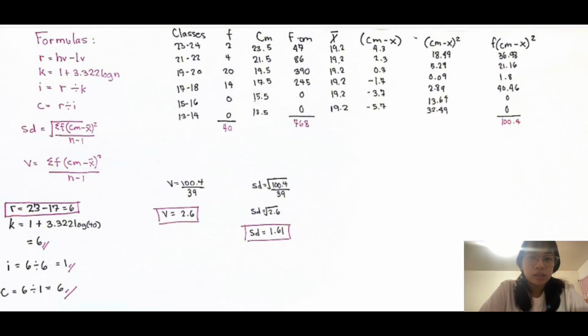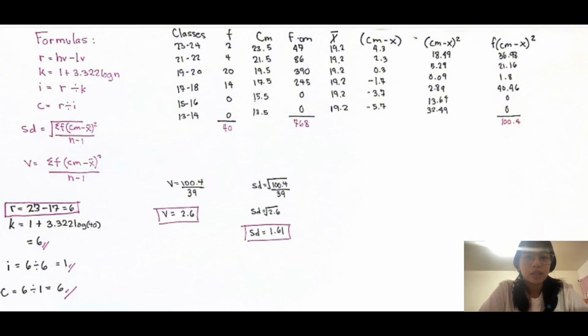So next, once we get all values of f times class mark minus mean squared, we have to add them all. Hence, in the formula, the summation of frequency times class mark minus mean squared divided by n minus 1. So once you find the total, we now use the formula to find the variance.